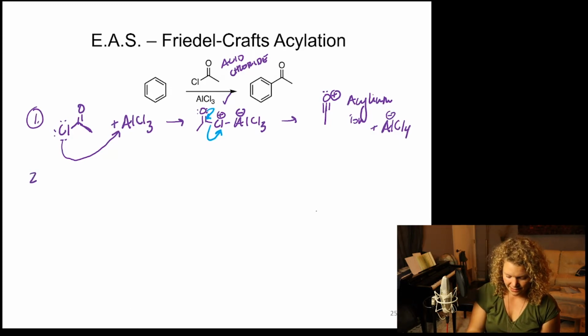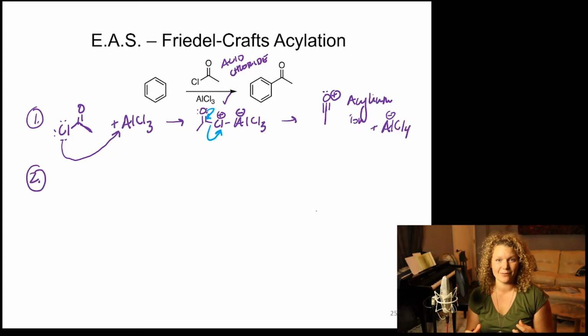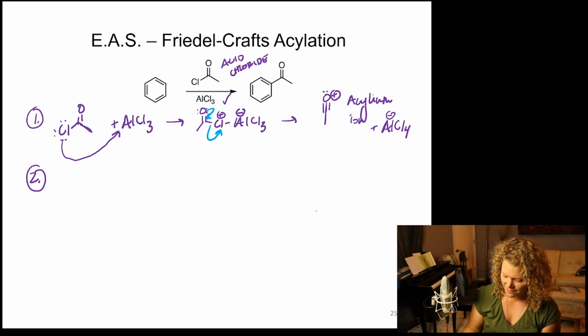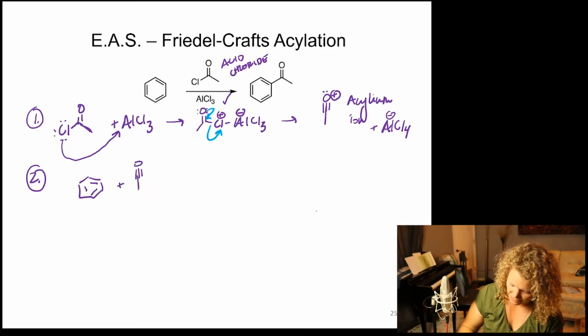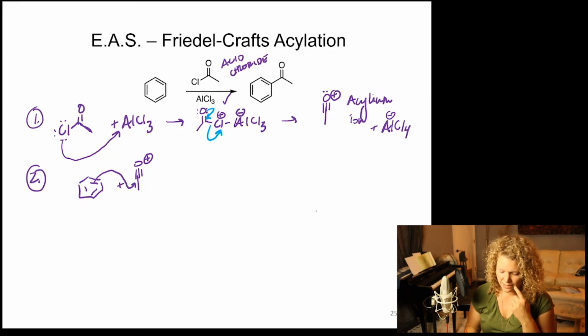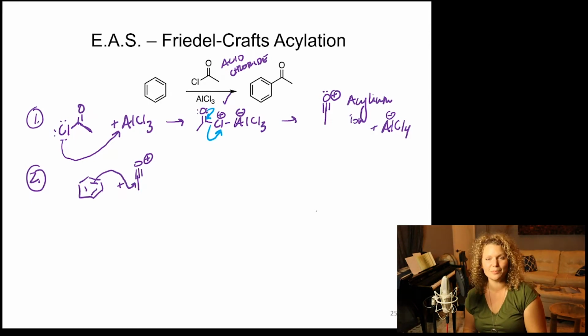The second step is the same thing that we've seen before. The only difference, again, is that we have a different electrophile. For Friedel-Crafts acylation, we still have our aromatic ring, and in this case, we're going to use this acylium ion as our electrophile. Notice that I attack the carbon.